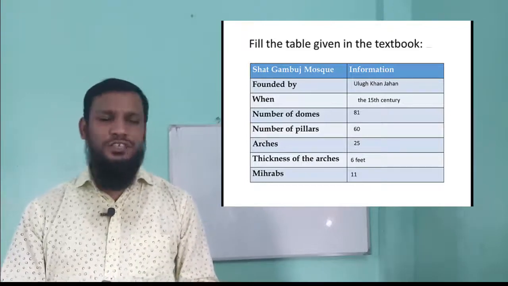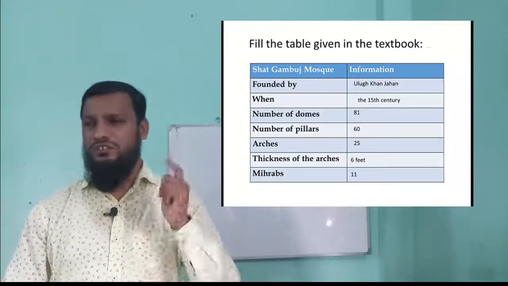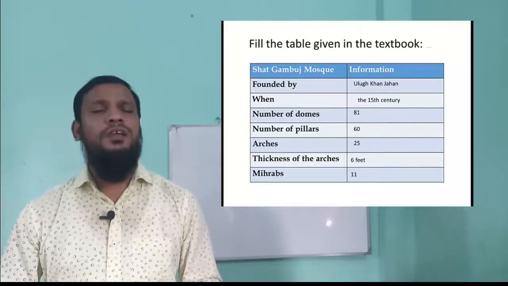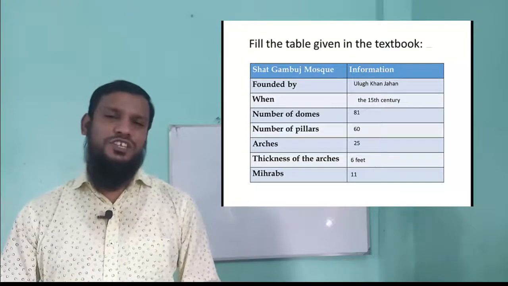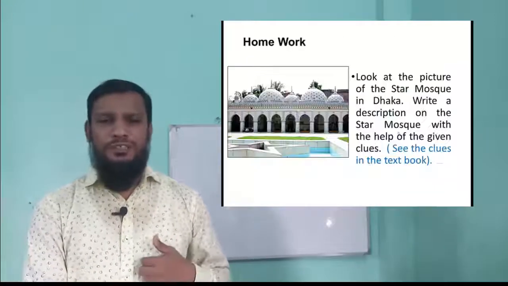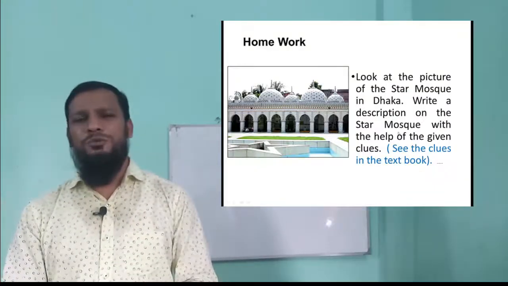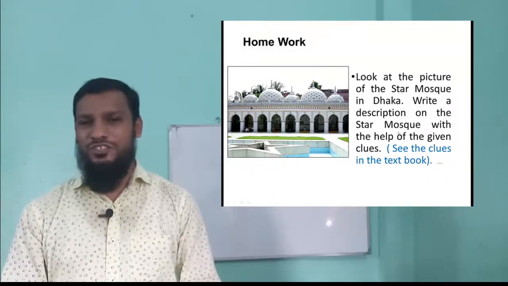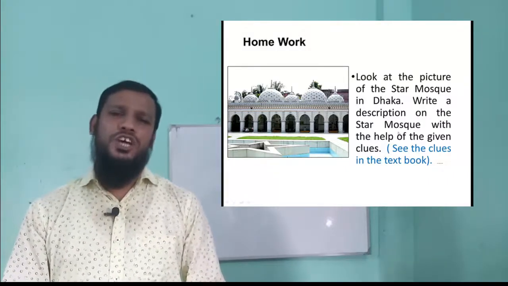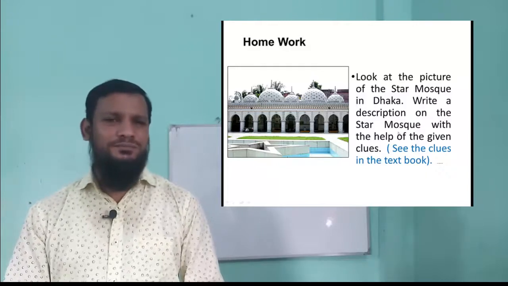I hope that you will read the text again and again. This reading will increase your vocabulary and it will also be helpful for developing your speaking and writing skills. However, students, I would also like to keep you a little bit busy at your home. You can see a picture here on my screen. It's about Star Mosque in Dhaka.